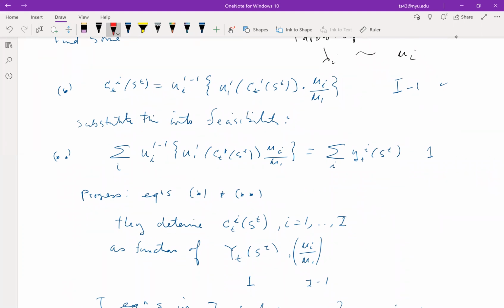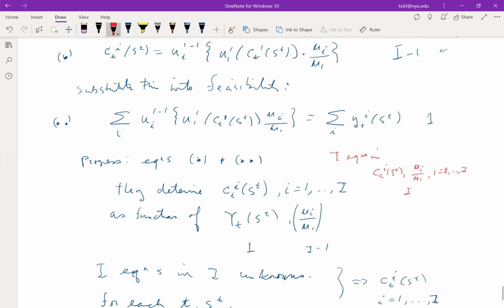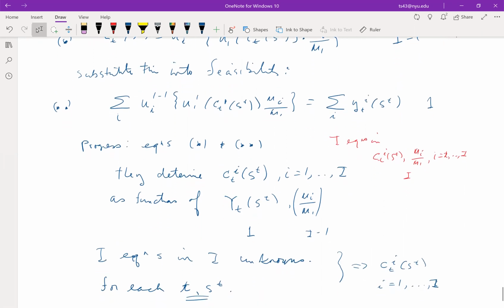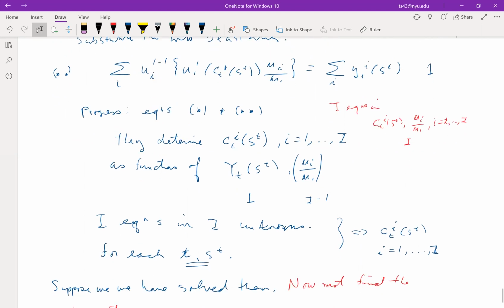They were I equations, I'm counting variables, in C_t^i(s^t), that was one, and in these ratios of multipliers. So this was I equations, and we could solve them for consumption as a function of the multipliers.